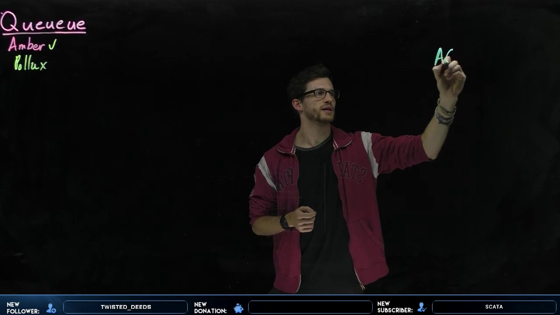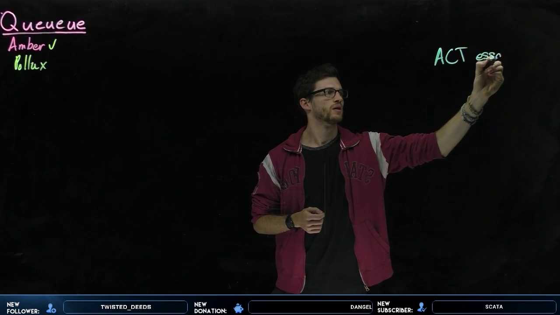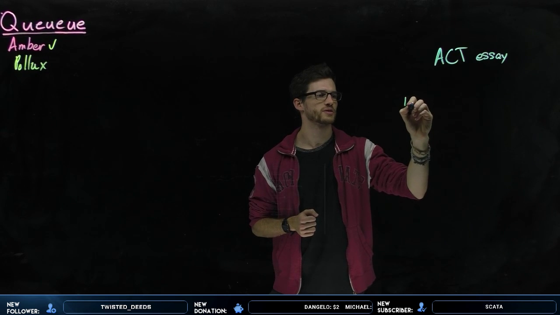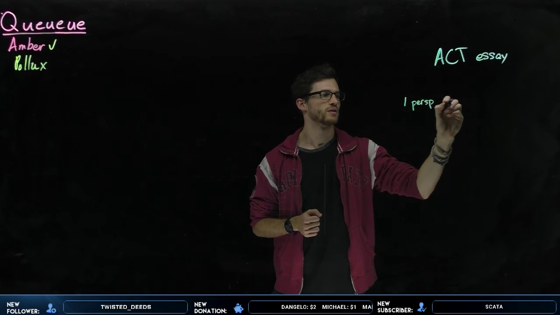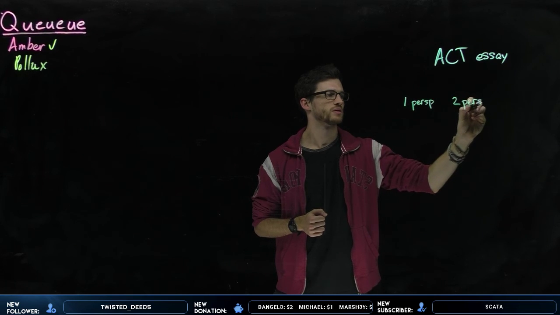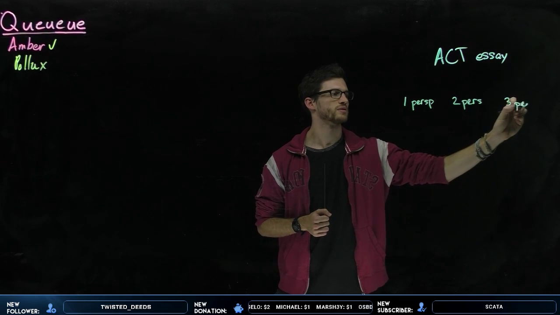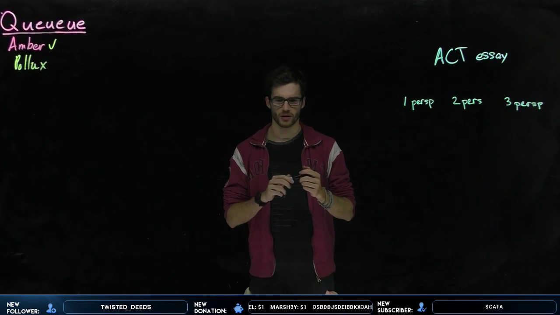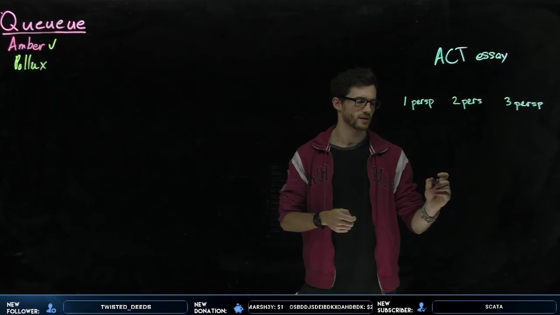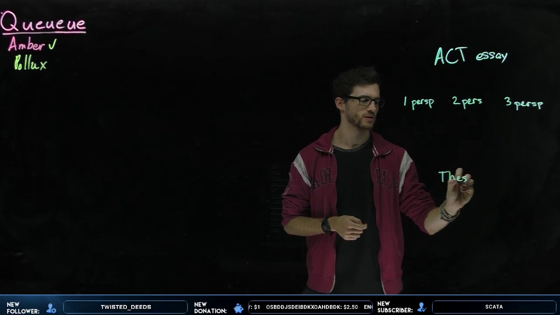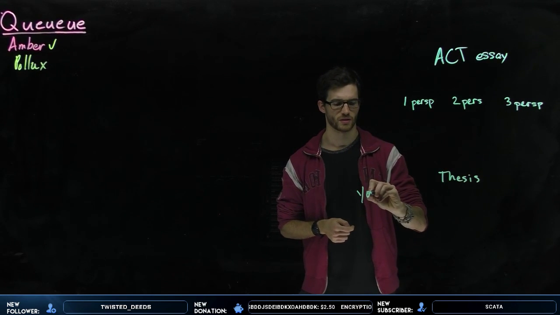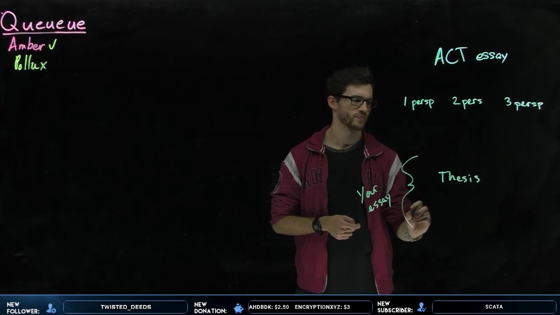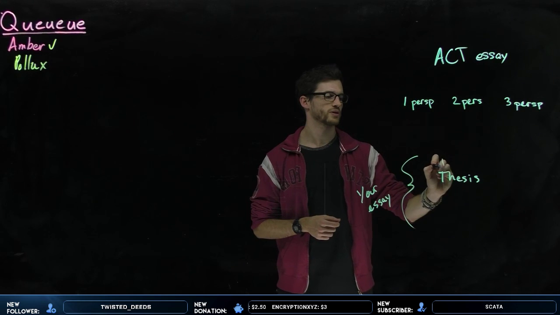So for the ACT essay, we're going to have those three perspectives: first perspective, second perspective, and third perspective. So your essay is going to have your thesis and your intro.